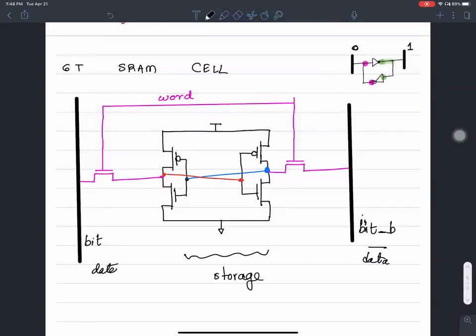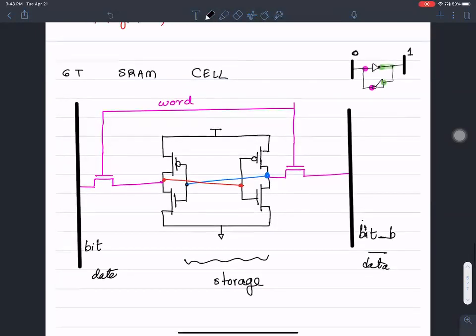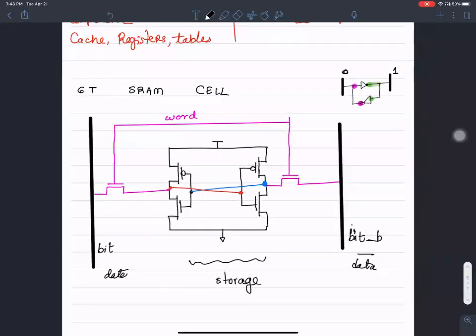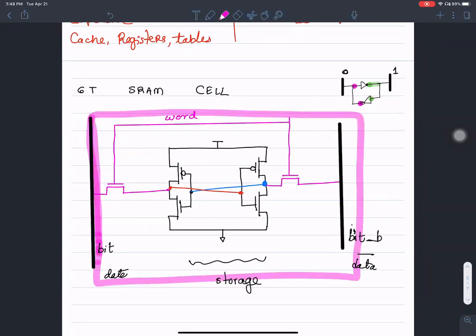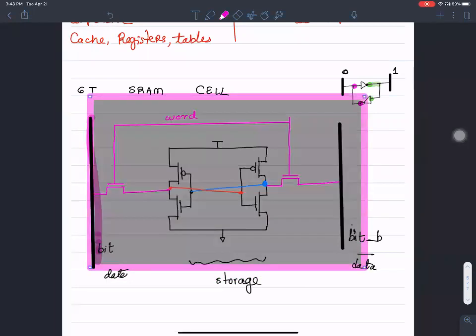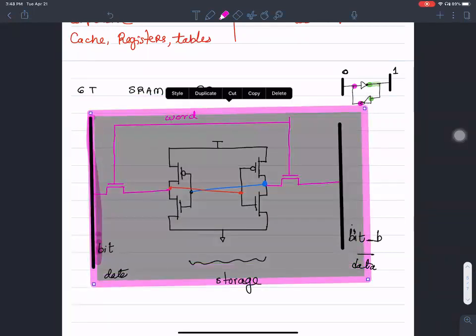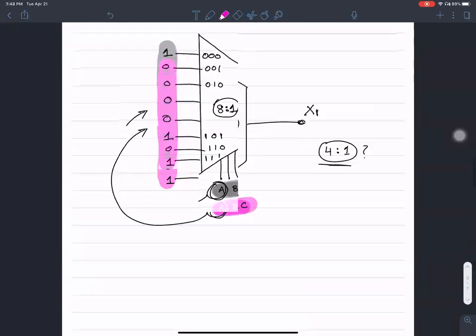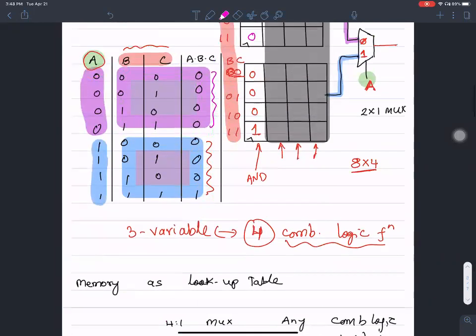So for this one cell of memory, these 6 transistors, this block of memory is what is sitting inside each of these cells here.